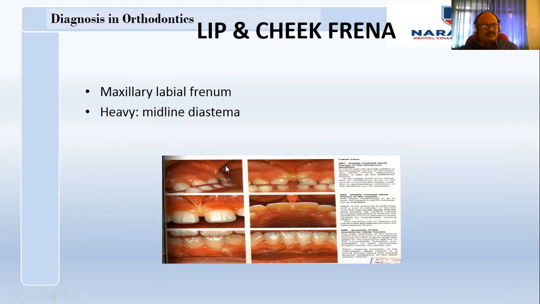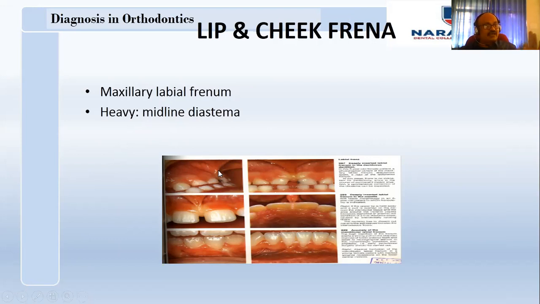You do a frenum test, called the blanching test, by pulling the frenum. If there is blanching of this frenum, the midline diastema may be confirmed as due to this labial frenum.